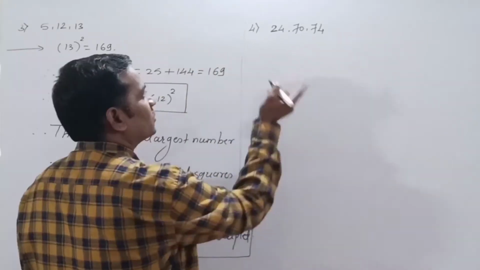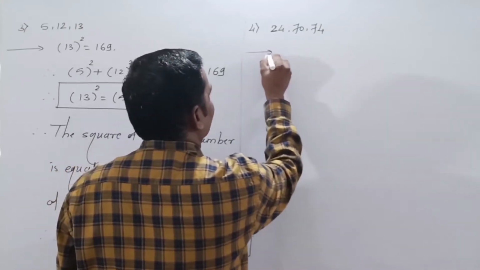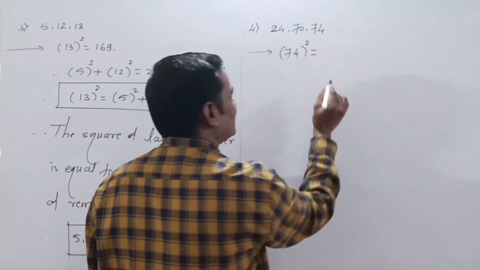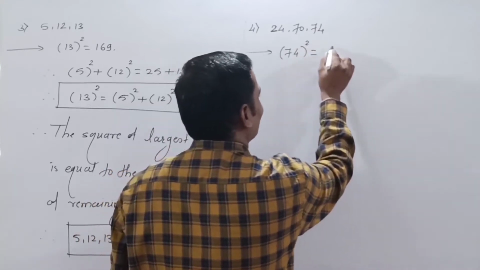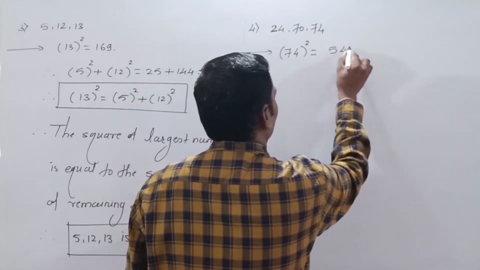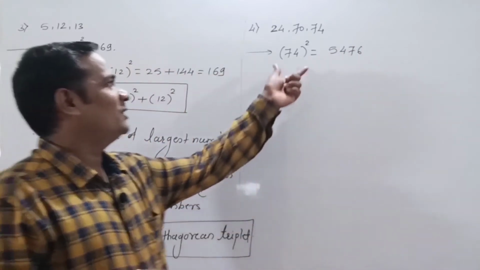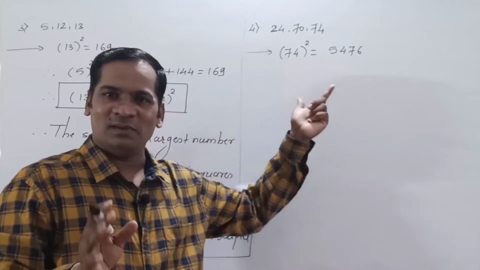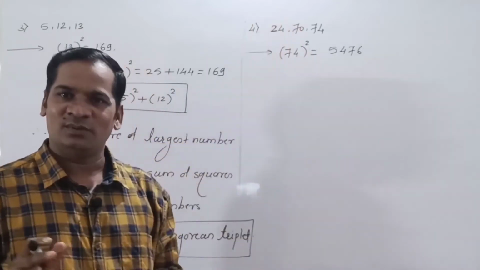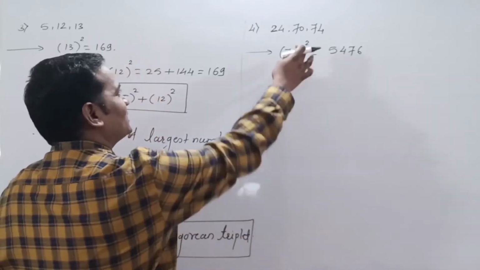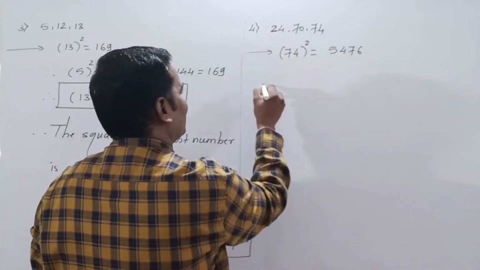Okay, which is the largest number here? 74. So 74 whole square is equal to, now the square of this 74 is 5476. You have to remember these squares, or you can multiply 74 into 74 and you will easily get that answer. So let's check whether the sum of these two is the same or not.